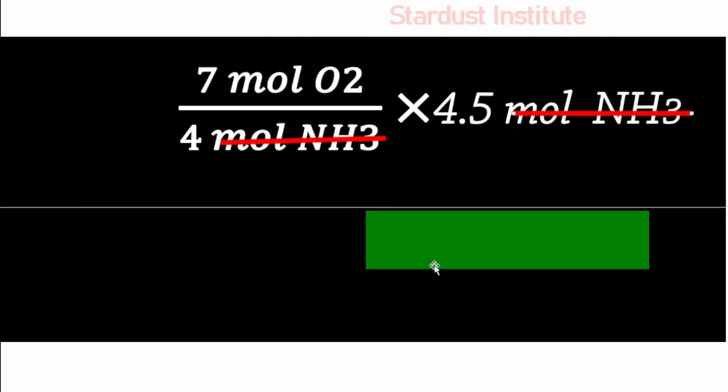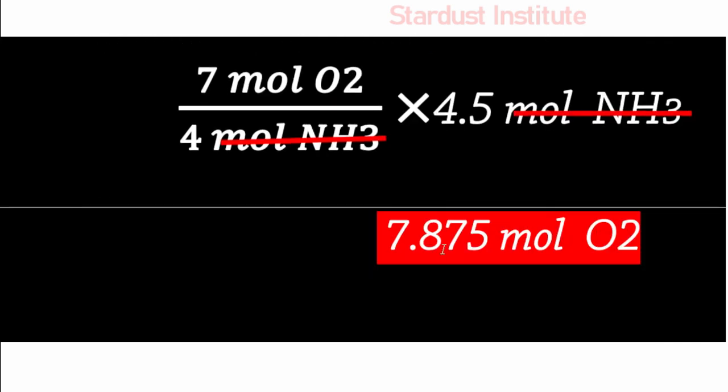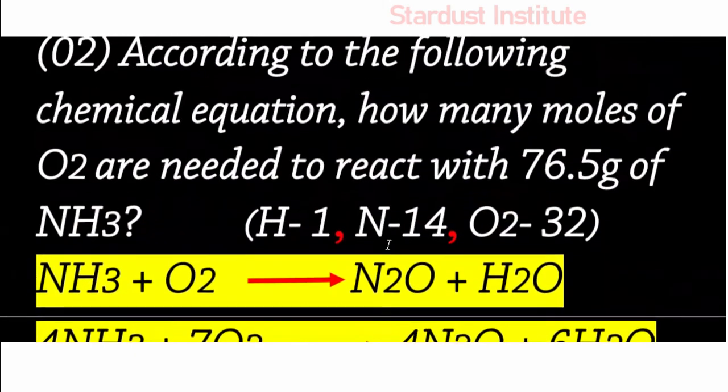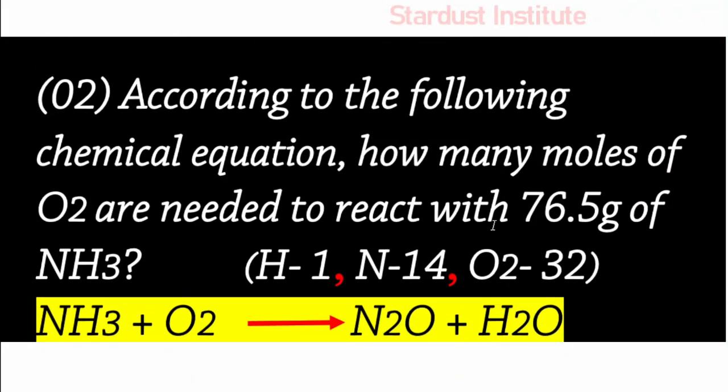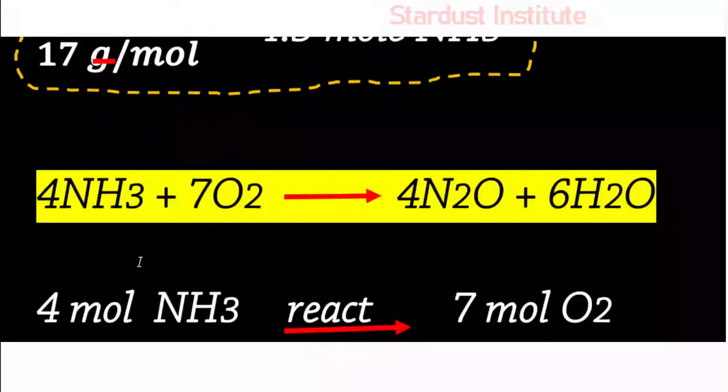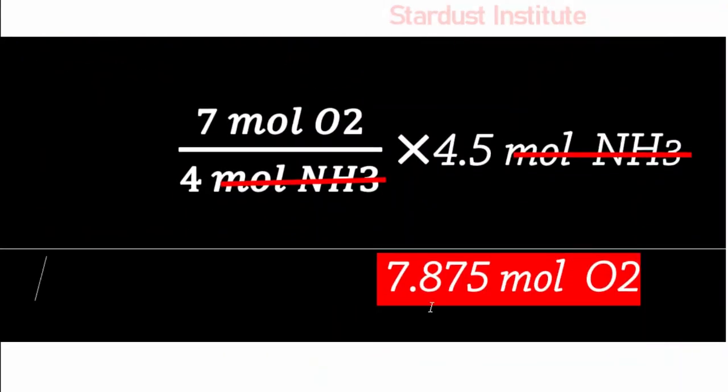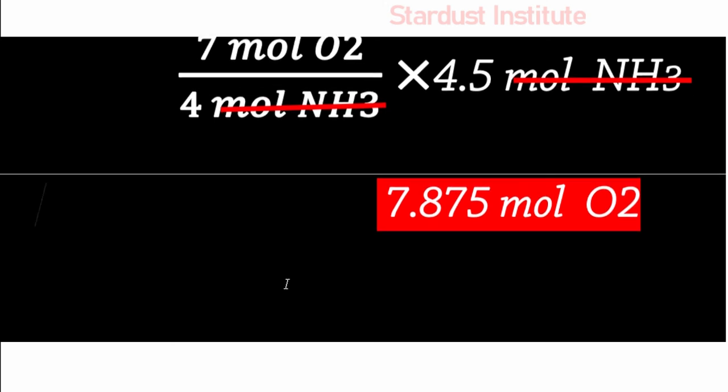Then we get 7.875 mole O2. To react with 76.5 grams of ammonia, 7.875 moles of O2 are needed.